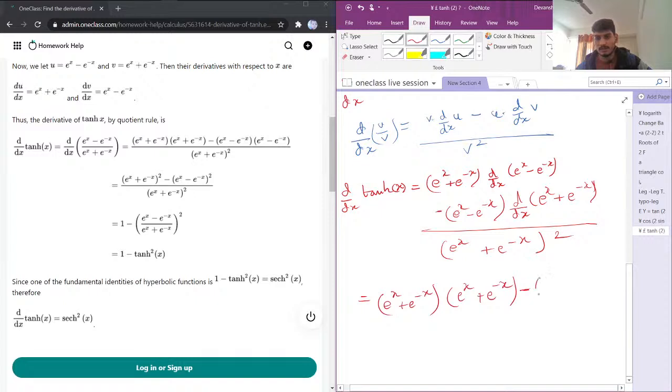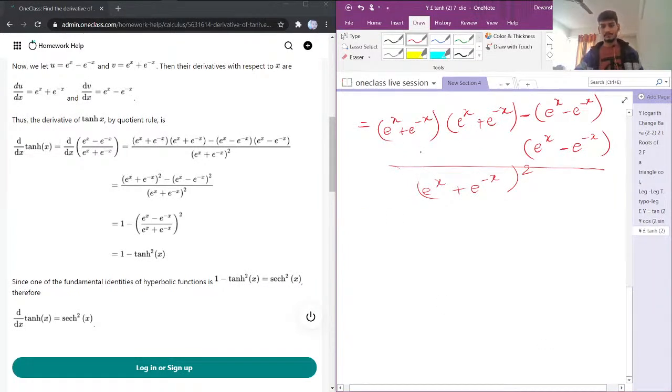Now minus e power x minus e power minus x times the derivative of the denominator, e power x plus, e power minus x, over e power x plus e power minus x whole square.